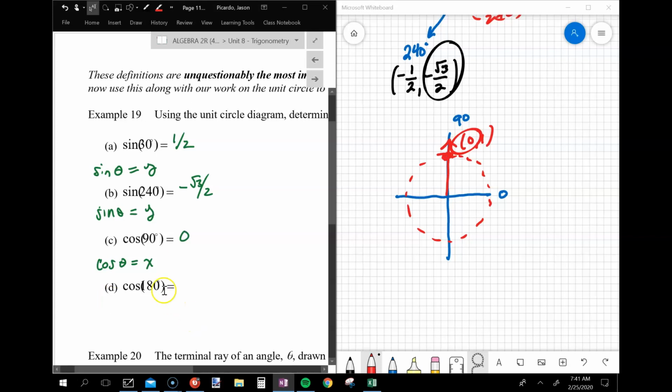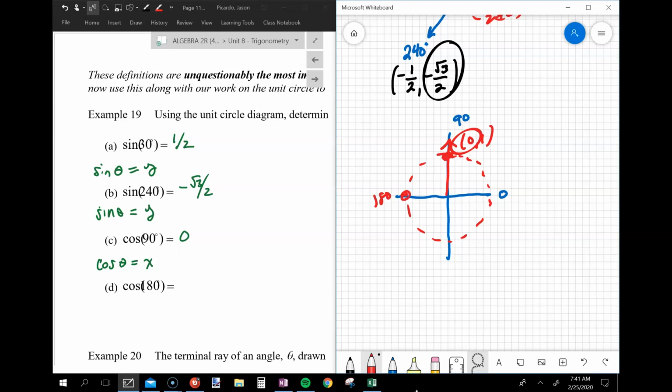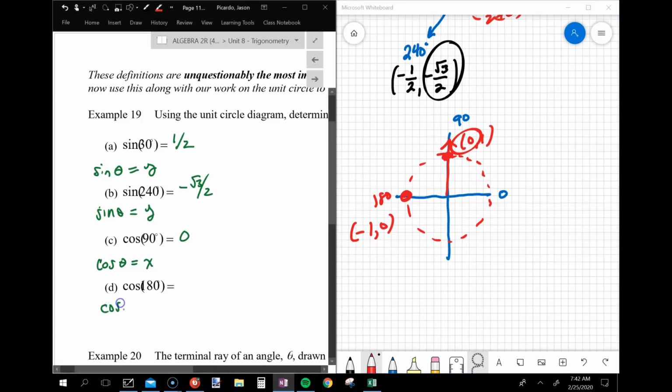Guys, if I did cosine of 180 then, right? Do I need to draw a new picture? No, cosine of 180 is going to put me right on this point. What's that point? Negative 1, 0, right? And what is the x value here? Negative 1.